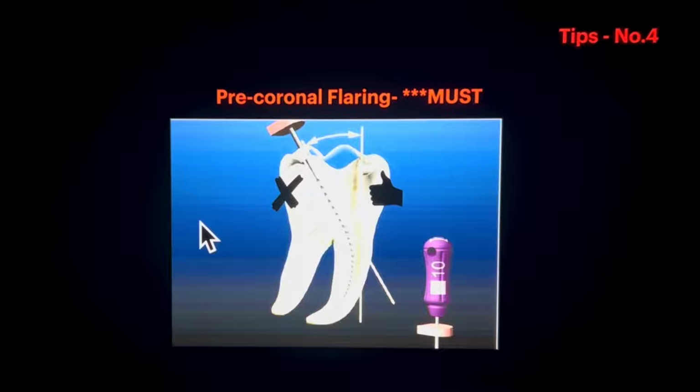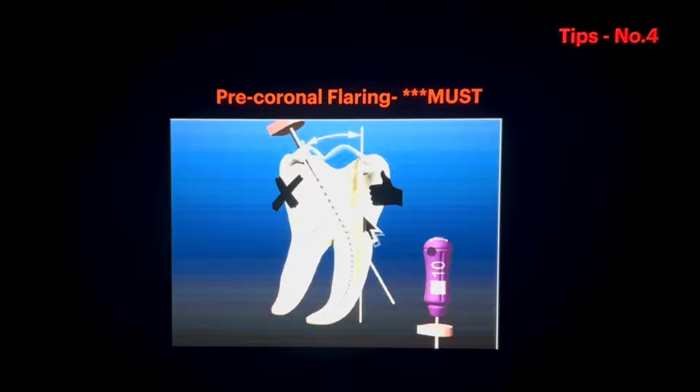There will be a different long axis of the root, as I said before. There will be probable curvature. Now all these points aggravate the chances of fracture of the file. If you do not do proper pre-coronal flaring, the chances of fracture will be more.